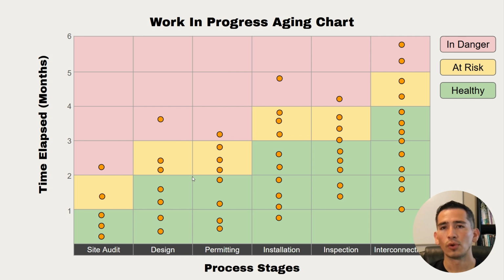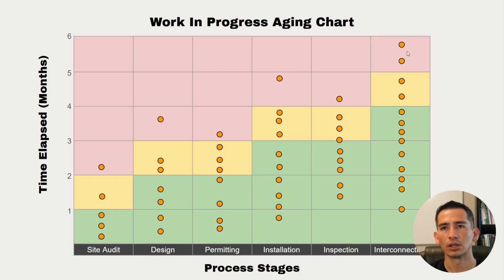That's just a starting point, but your process may be slower than you want it to be, and therefore your green zone might be, let's say today it's 4 months. Maybe 4 months is not actually healthy for your industry. Maybe this needs to be down to 3 months. So just use it as a starting point and then set your bands at what feels appropriate.